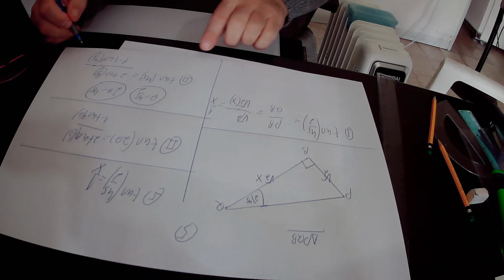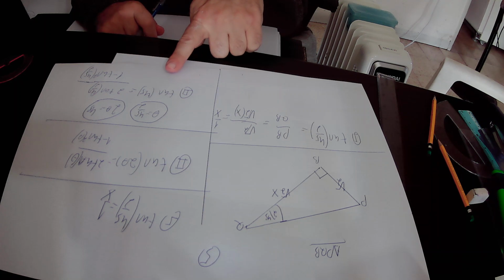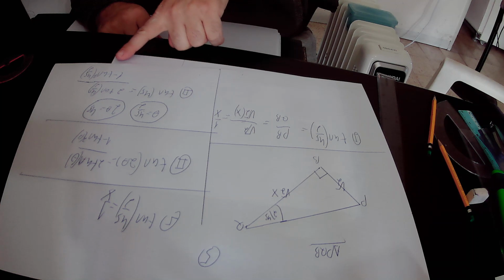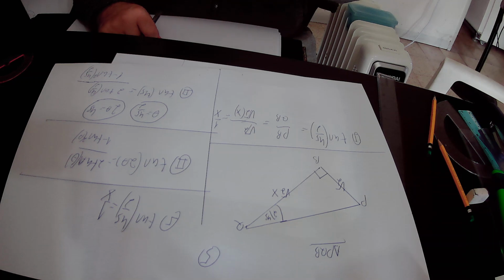So in conclusion, we found out that according to equation number 2, tangent 45 degrees equals to 2 times tangent 45 degrees over 2 over 1 minus tangent square 45 degrees over 2.